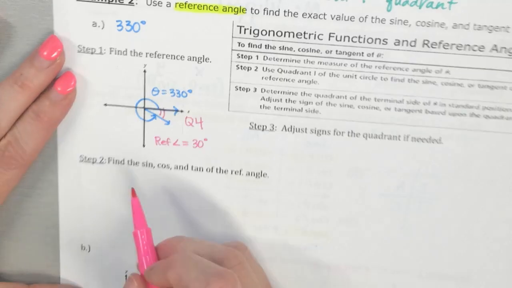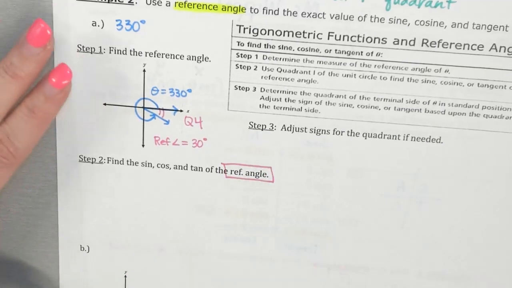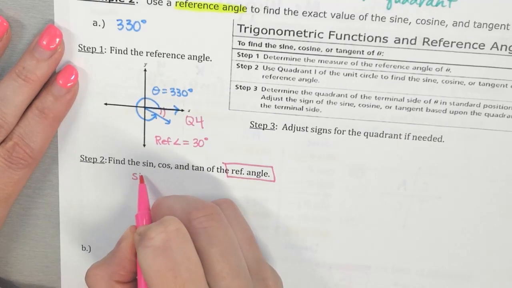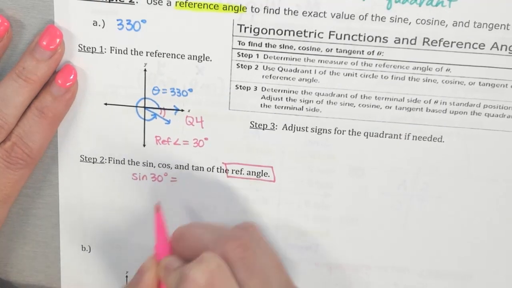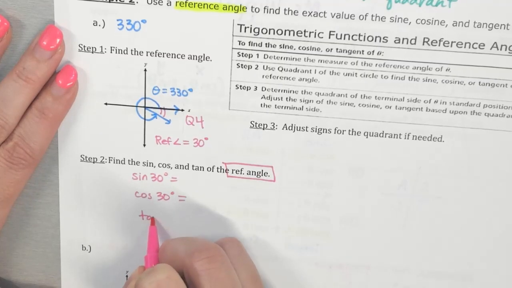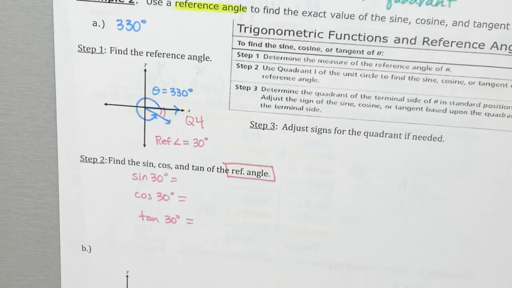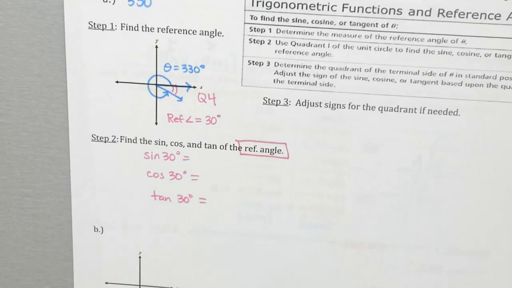For step 2, it says find the sine, cosine, and tangent of the reference angle. So what you're going to write out is the sine of 30, the cosine of 30, and the tangent of 30. Okay? The sine of 30, the cosine of 30, and the tangent of 30, because that's your reference angle.